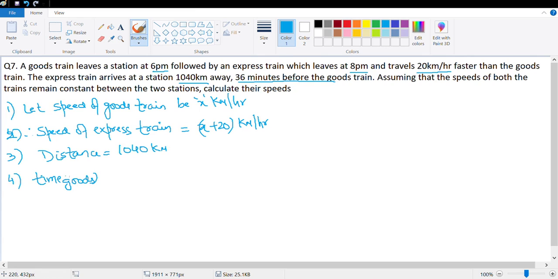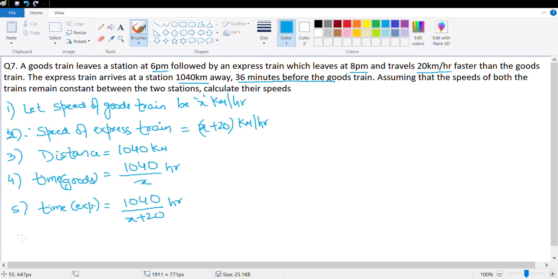would be equal to distance upon speed, which is 1040 upon x hour, and time for the express train would be equal to distance upon speed, which is 1040 upon x plus 20 hour.